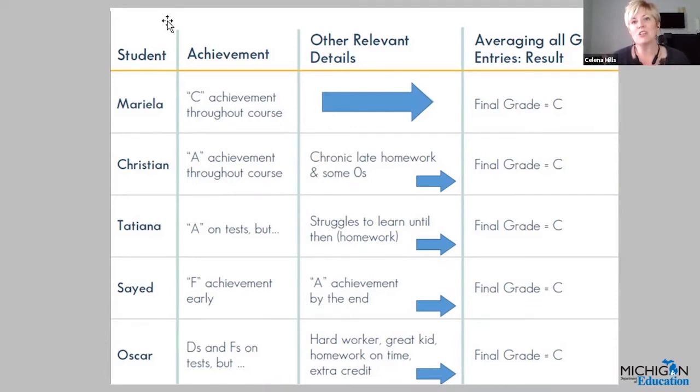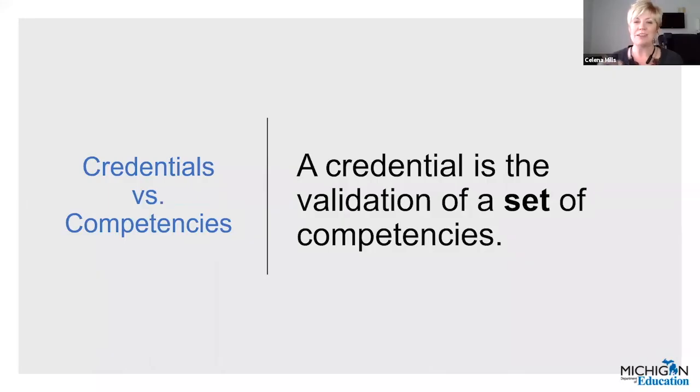It doesn't communicate to our partners the same way that a credential does. And so by moving to a focus on credentials, we're really validating what our students know, and we're speaking the same language as our post-secondary partners and our employers. So when that student walks out with a credential, that employer knows exactly what they know how to do. And that's one of the benefits of this system.